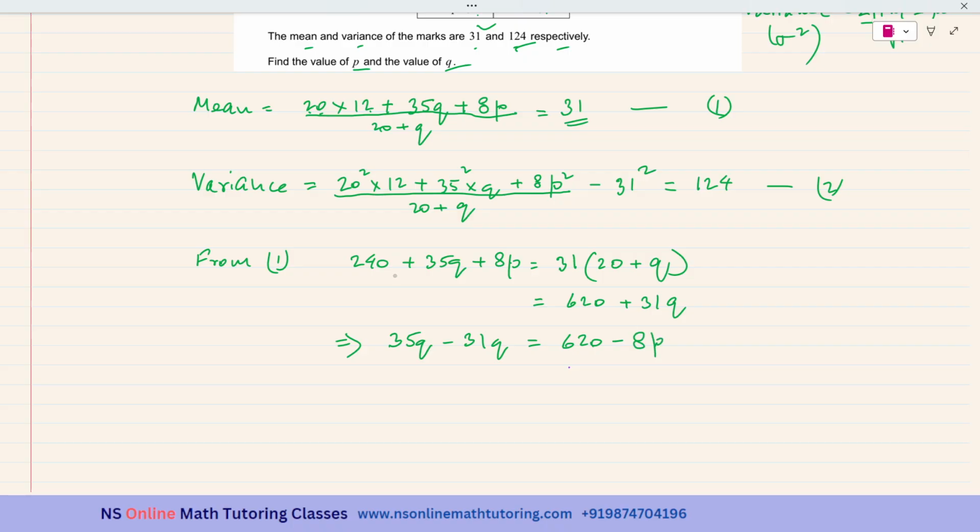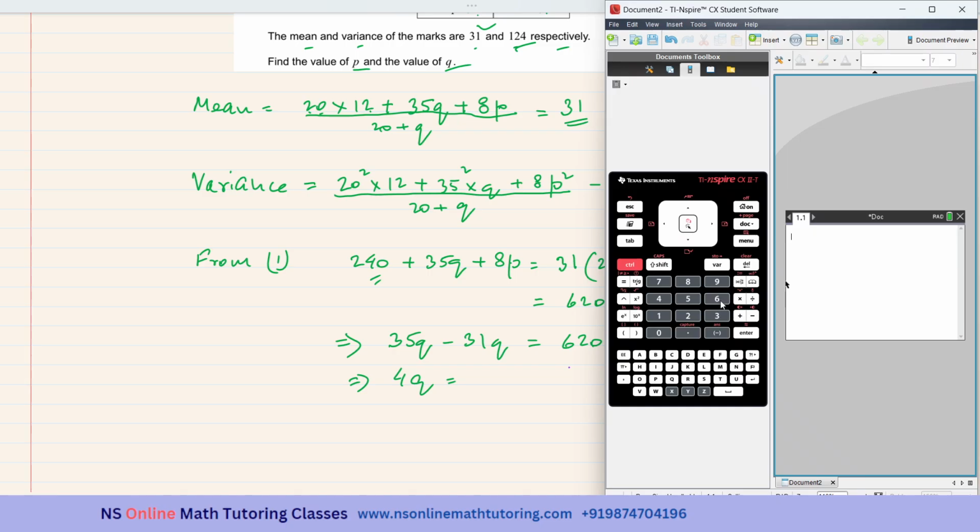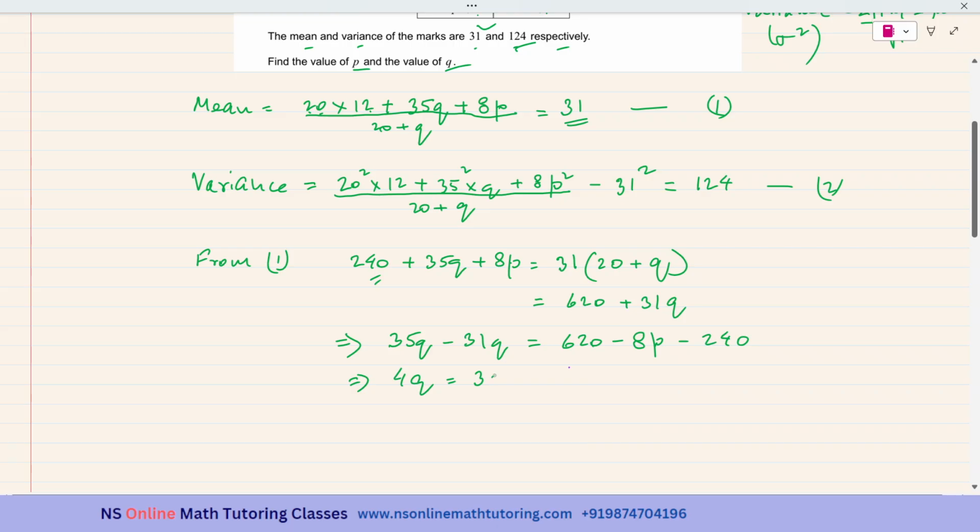And I am subtracting 240 also from both the sides. So, this is 4Q equal to minus 8P and 620 minus 240. You may use your calculator. 620 minus 240 is 380. So, 380 minus 8P.